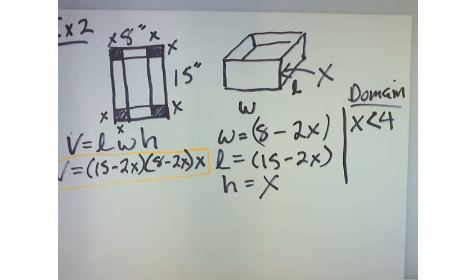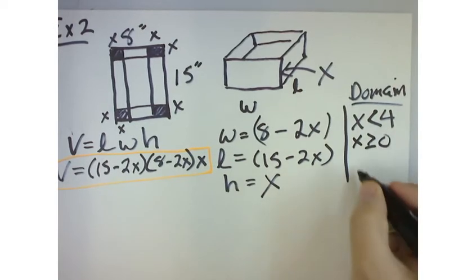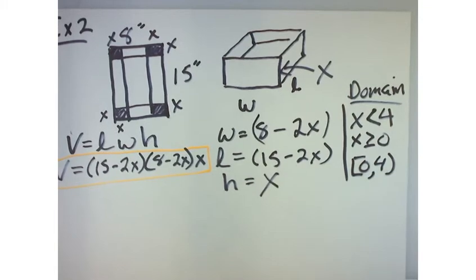Well, wait, can we have a negative value? No. So x has to be greater than or equal to 0. We could write it like this. Does anybody know why? Because we're measuring something. Well, to some degree that answer's right.